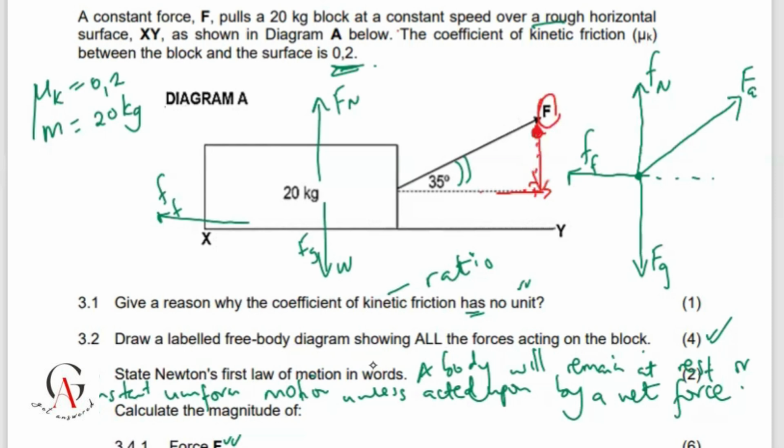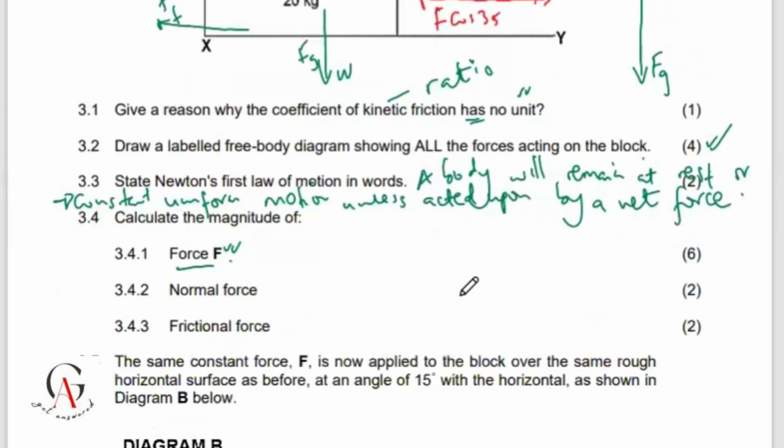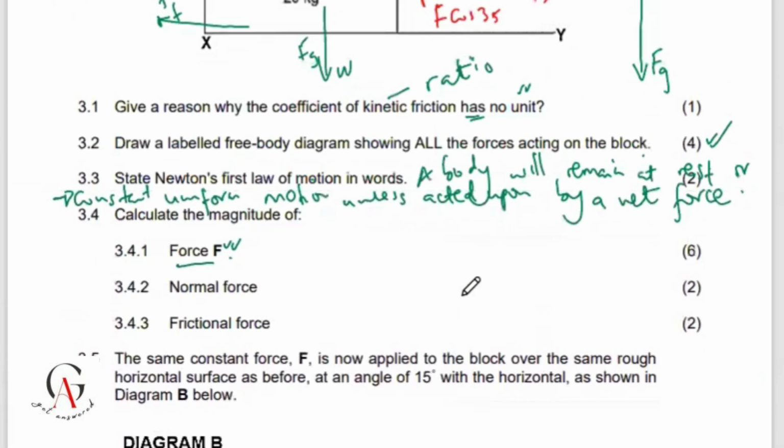I'll have this downwards, and this in that direction, so that this is our resultant. This is going to be F cos 35, and this is going to be F sin 35. Then from there, I can combine my horizontal and my vertical, and it's more like a simultaneous equation.